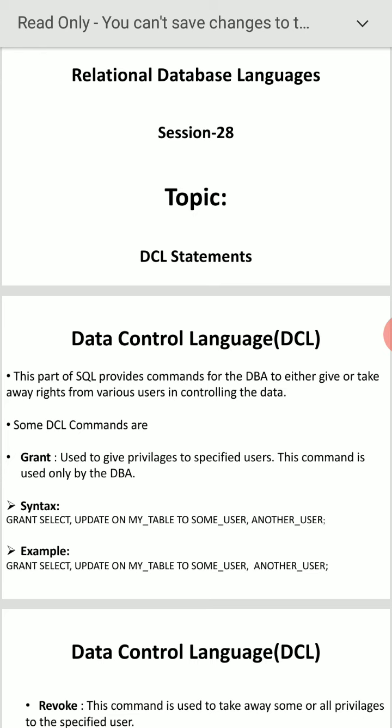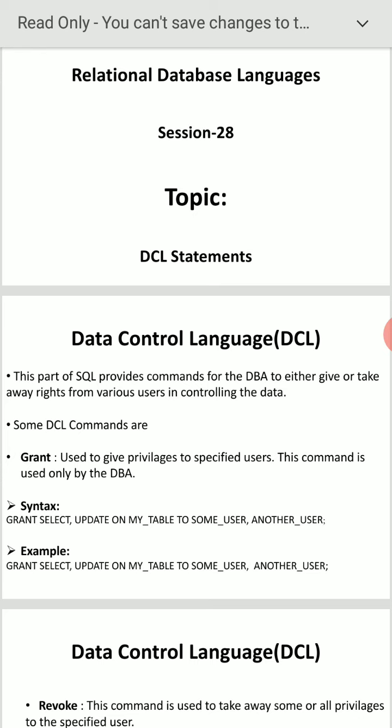Here, grant select, update on employee to X comma Y. He is giving permission to X and Y. Assume there are users A to Z. Except X and Y, nobody has the permission from the DBA, so nobody can use the database.